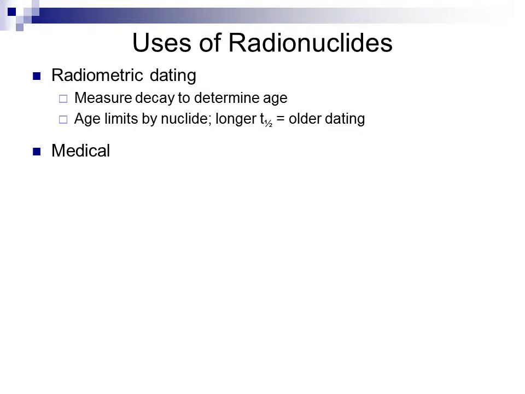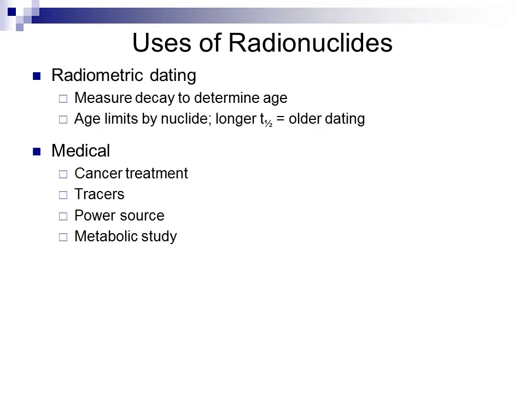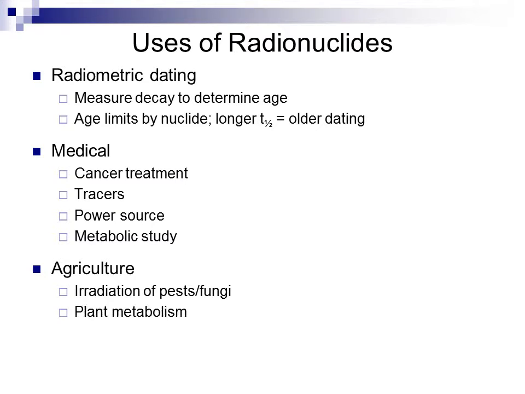We can use radionuclides in medical settings, where it's used often for cancer treatments, as tracers to look at movement of things through the body, as a source of power for devices like pacemakers, to study metabolics, like how your body is processing things. We use it in agriculture for things like irradiation of pests or fungi, or tracking metabolism of plants to see how they're growing.